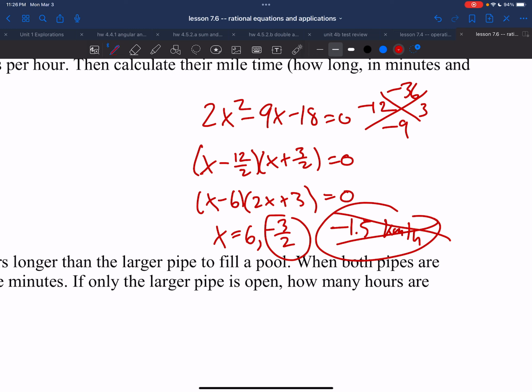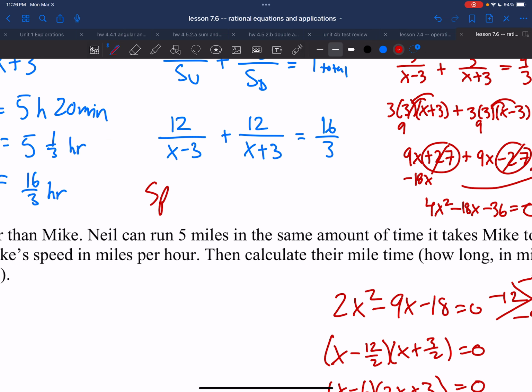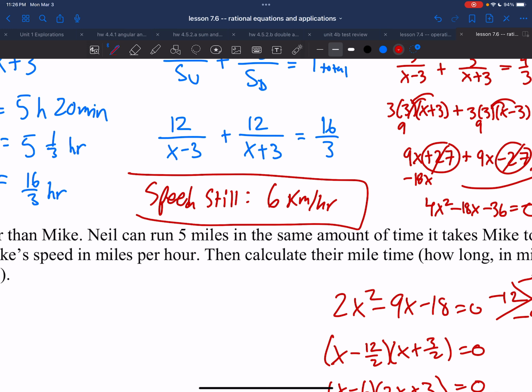We're specifically talking about positive numbers, which is speed, so cross out the negative 3 halves. The only remaining answer is the 6. Therefore, the speed in still water is 6 kilometers per hour. And that is our answer to the problem.